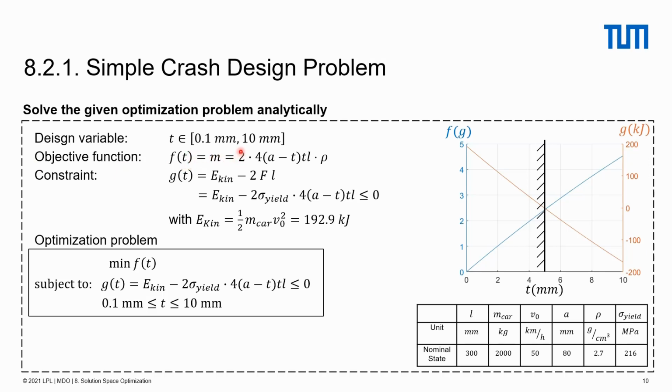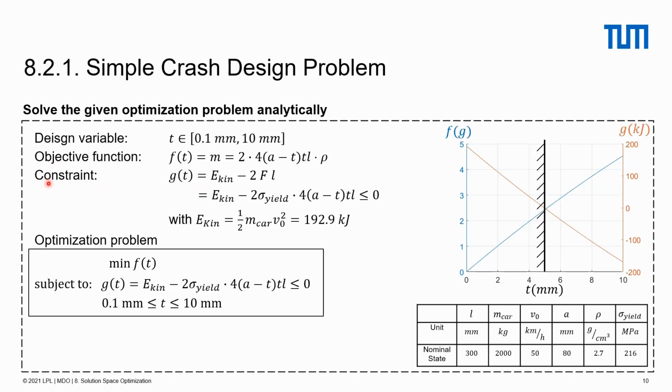We have 2 side bins, and this is the area of the cross section, and L is the length. Then this is the volume of the side bin. This is the density. Then we have 2 times volume times density is the total mass of 2 side bins.